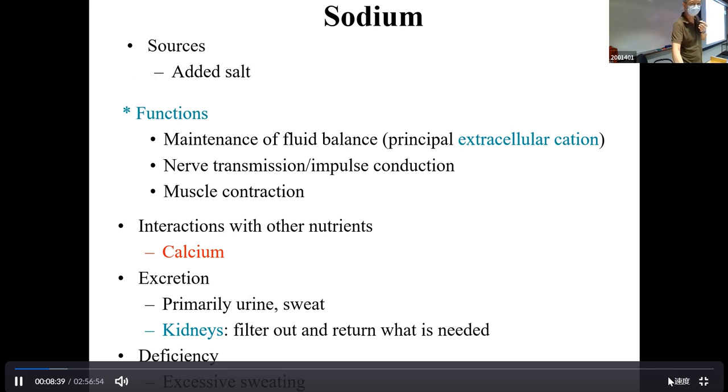So what we're going to do is basically highlight some of the relevant points. An important thing for you to remember is sodium is the principal cation, meaning it carries the positive charge, extracellularly. If you think in terms of extracellular and intracellular, sodium is always the principal cation outside the cell.